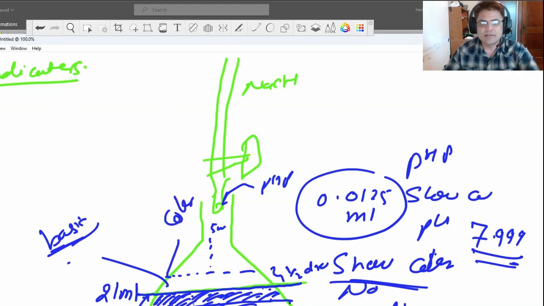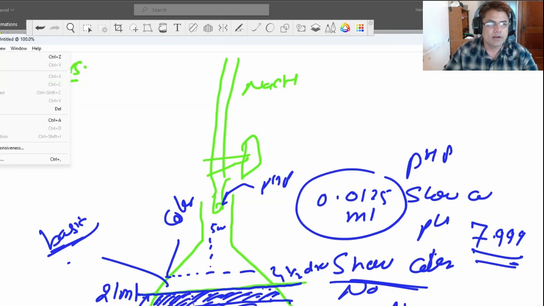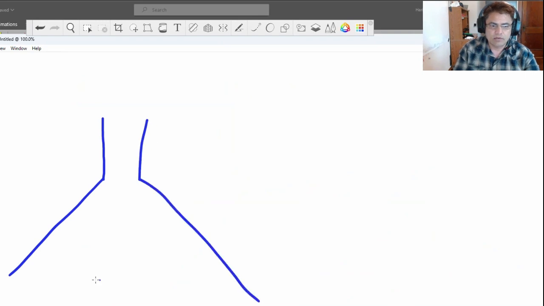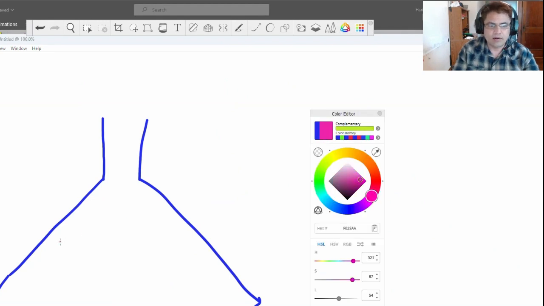Now let's draw that again, better. Let me clean that, it looks ugly. So here you have a theoretical value. It should be 100% correct, that is 21 ml. It should be that, but there is no way to get that.